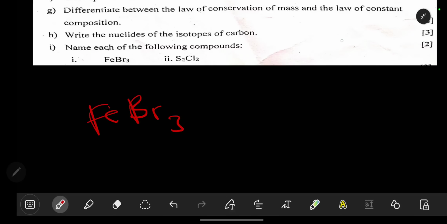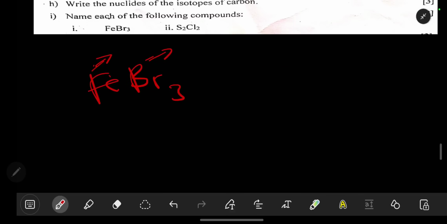The first one, FeBr3, is made of a metal and a non-metal. So this one falls under what we call type 2 of naming. Type 2 involves the use of numbers such as 2, 3, 4 if there is a metal and a non-metal. So this one will be iron.